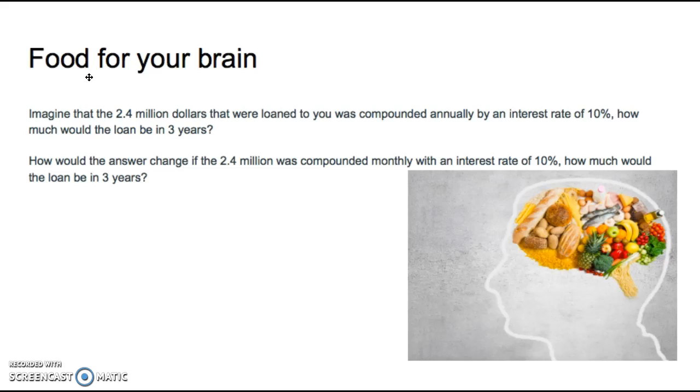We came up with two equations, one about being compounded annually and one about compounded monthly. I won't go into full detail with this, but if you did take the time to figure these equations out, you'll find that if it was compounded annually, the loan would be about $3.2 million, and the one compounded monthly would be approximately $3.24 million.